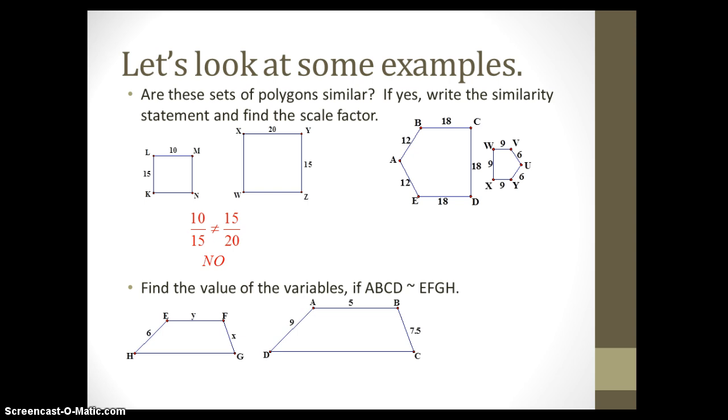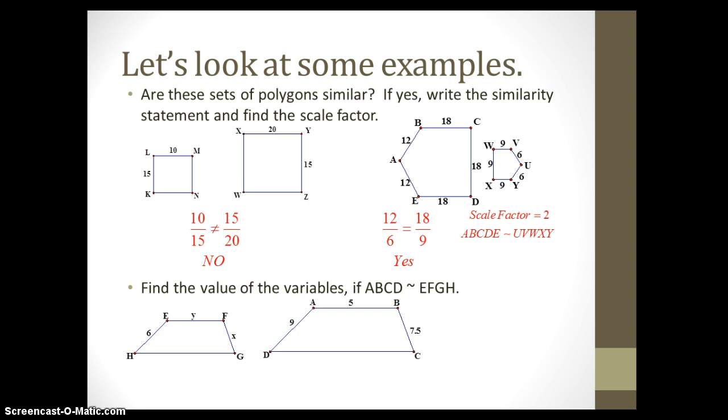Let's look at the second one. So our longest side in the big one is 18, to our smallest side is 9. So we have 18 to 9, and then our other side is 12 to 6. Well, 12 to 6 and 18 to 9 both reduce to 2/1. So these are similar. Our scale factor is 2, or 2/1.